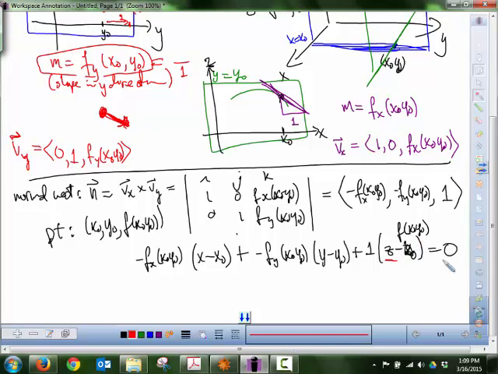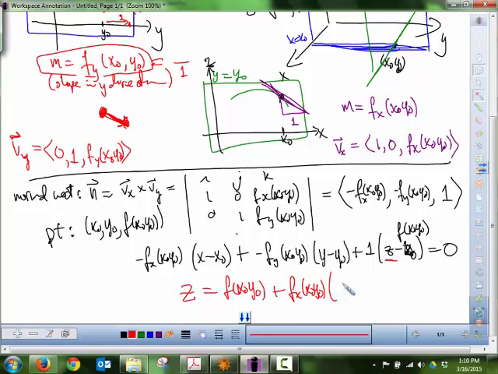So if we solve for z, we have z is equal to, let's bring the f of x naught, y naught over to the other side. That becomes a positive. This becomes a positive as well. And the last one becomes a positive. And that's exactly the formula that they had.